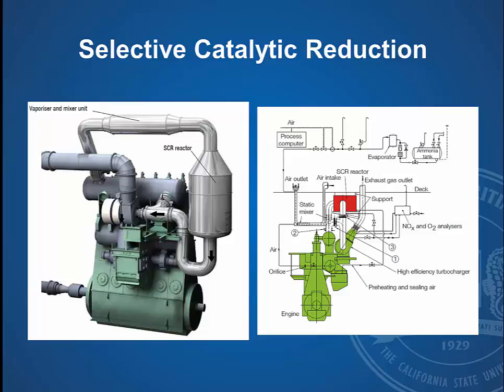It enters that, and that is again going to strip away the nitrogen and recombine, and then it goes into the inlet of your turbocharger, drives the turbocharger, and then goes up through your stack. You'll also notice that there is a bypass provided, so you can bypass the SCR when it's not required.